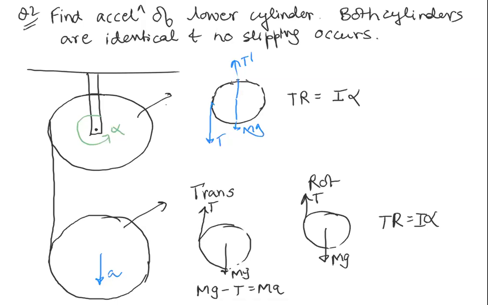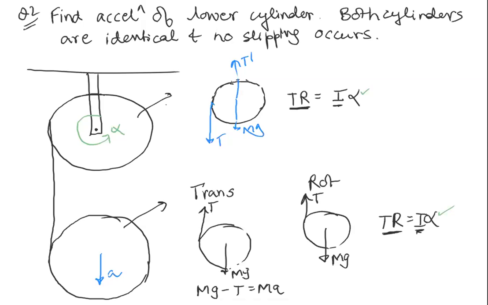Two things I want to point out here. First, because this torque and this torque and this I and this I are same, therefore this alpha and this alpha are same. Otherwise, they would not have been. Identical cylinders under identical torque will give identical alpha. This is the first thing.